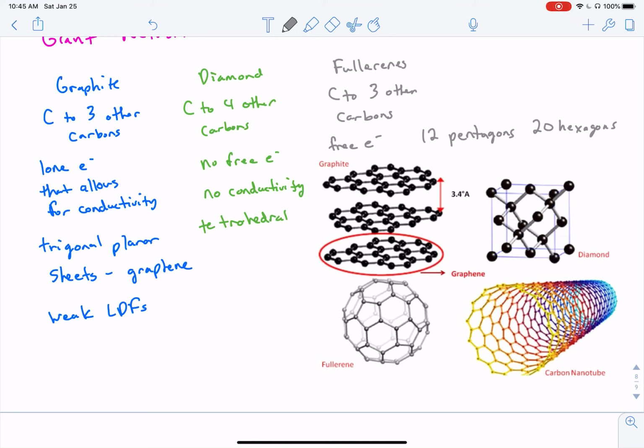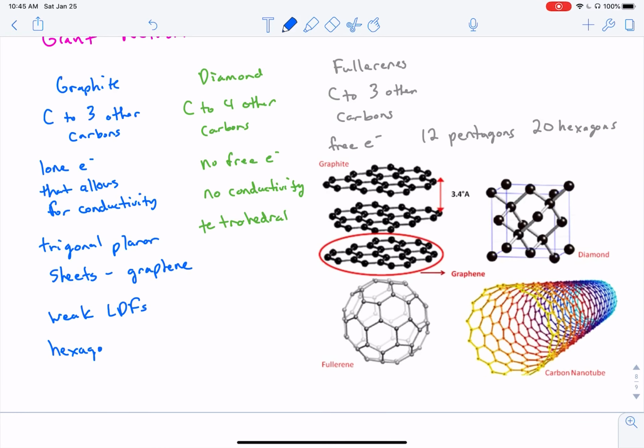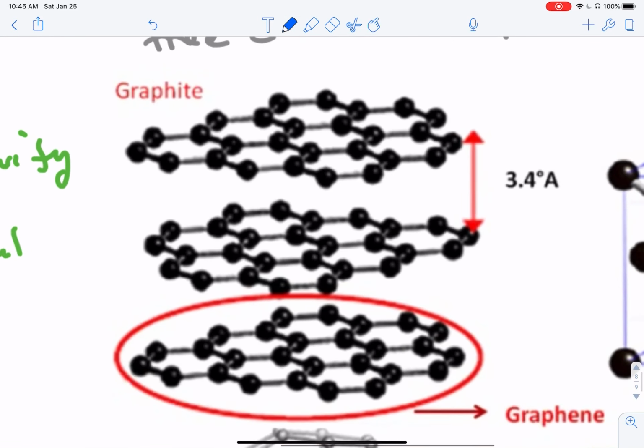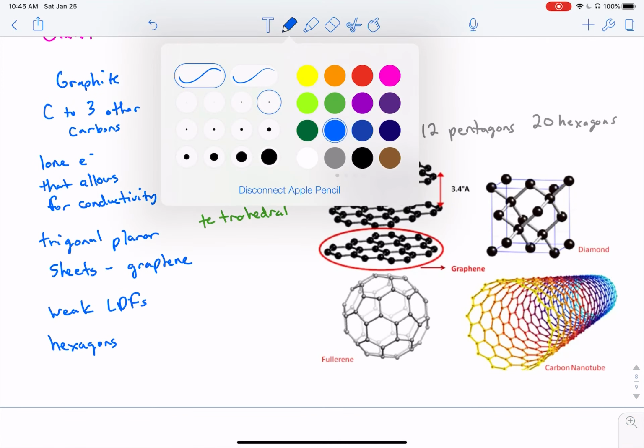It's all hexagons. If you look closely here, you can see the hexagonal sheets.